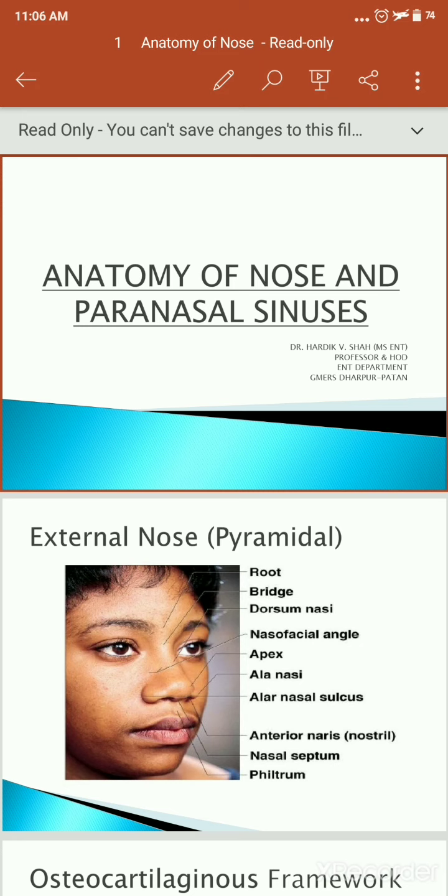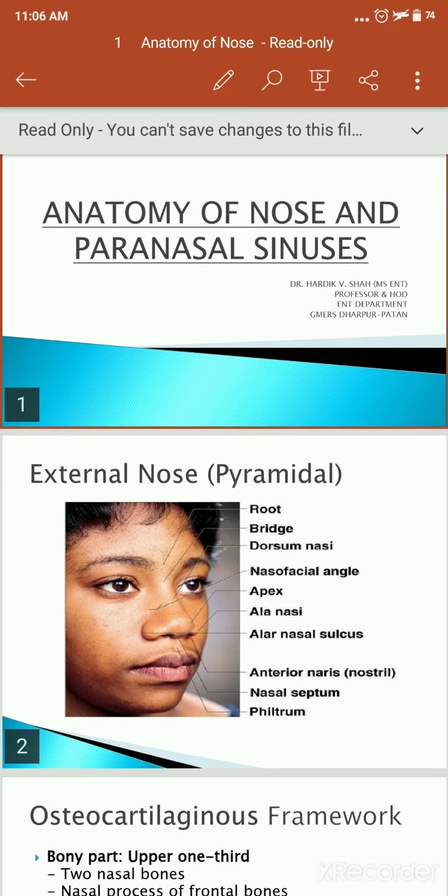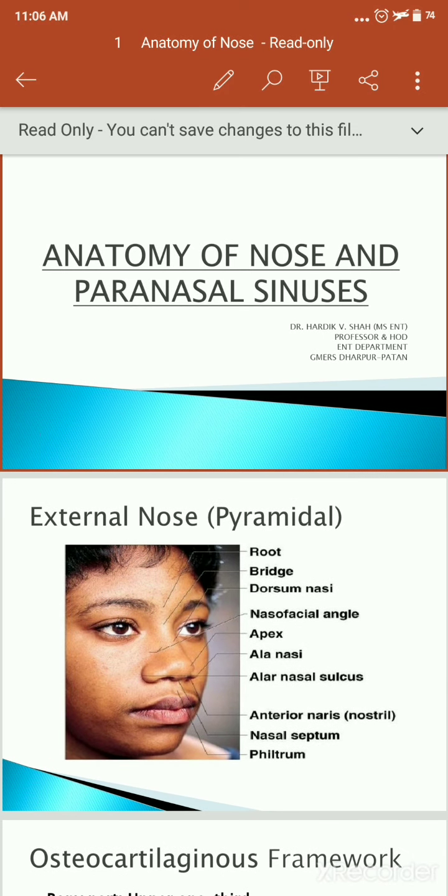For any topic, for any disease, we must learn anatomy. We will start our first video on anatomy of nose and paranasal sinuses.